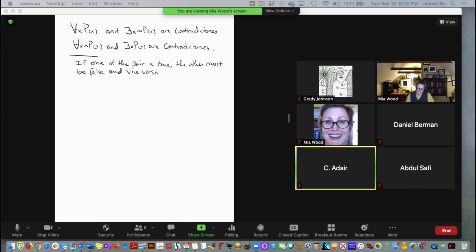But we also want to talk about equivalences. So we've got contradictories, but now let's talk about equivalences. And these are really helpful to us for the same reason that contradictories are helpful.